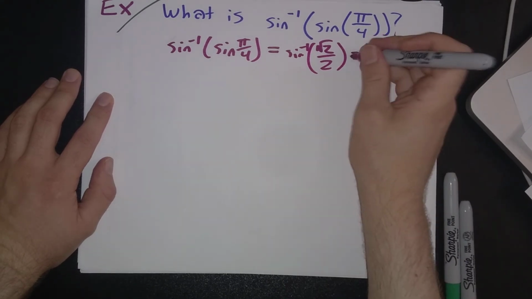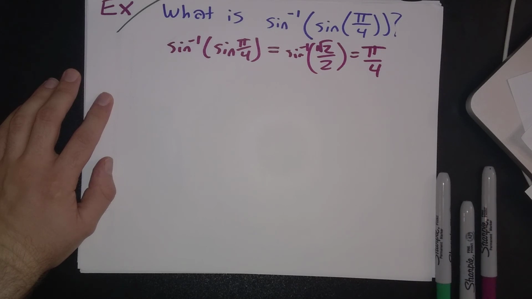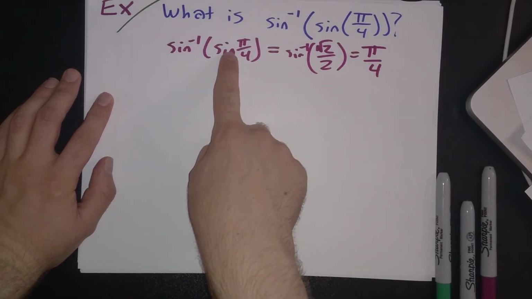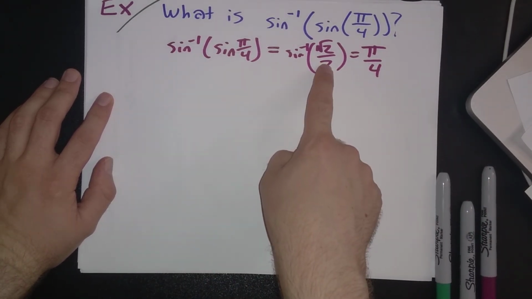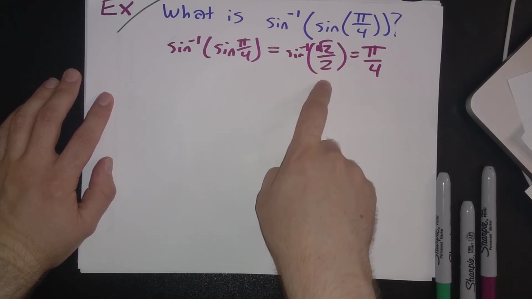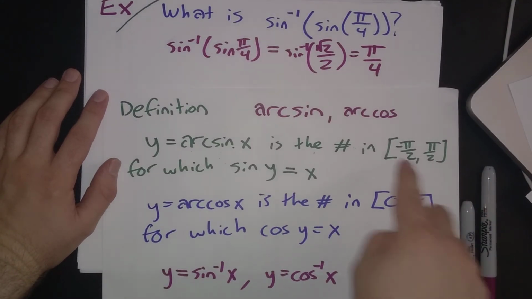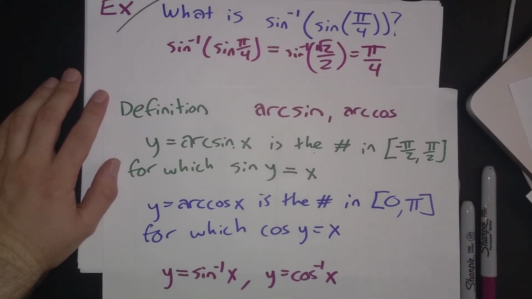And so we end up back at pi over 4. And so life is good, because sine of pi over 4 is root 2 over 2, and sine inverse, arc sine, of root 2 over 2 is pi over 4. And that does, in fact, fall into this interval here.